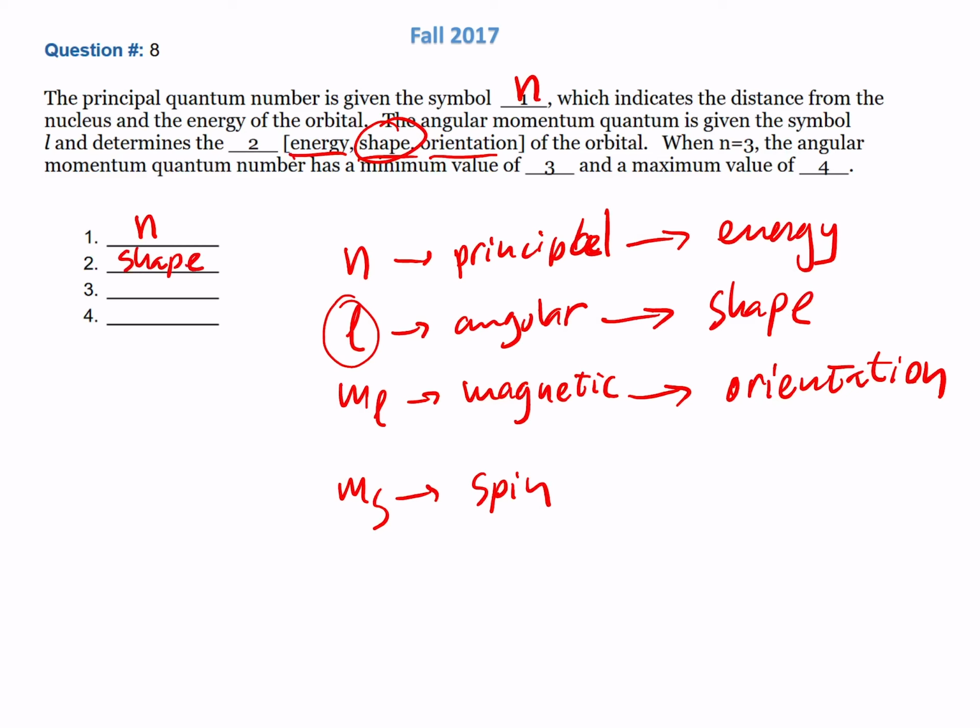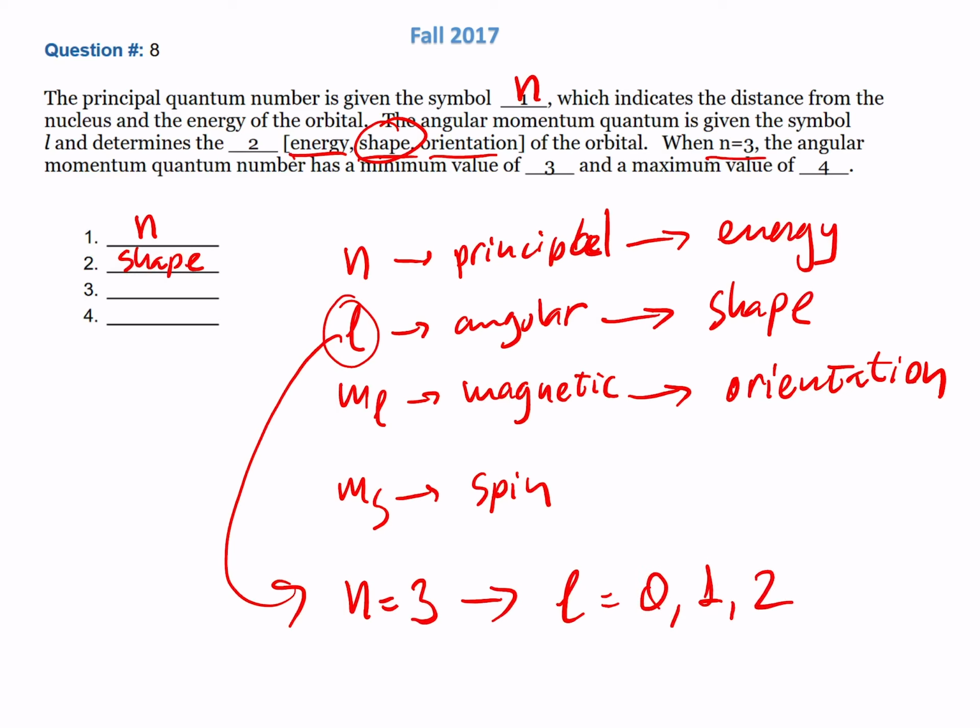Now, when n equals 3, the angular momentum is still L. So if n equals 3, then the angular momentum quantum number has a minimum value of blank and a maximum value of blank. If n equals 3, then L is going to be 0, 1, and 2.